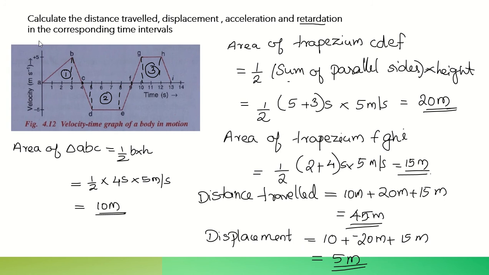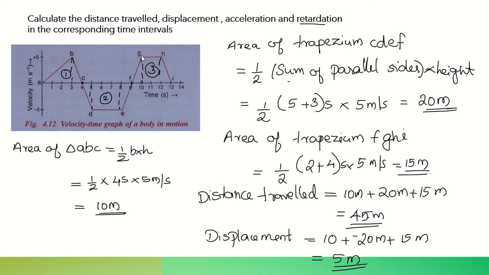Okay. Now, we are going to calculate the acceleration and retardation. Let's try to calculate the acceleration and retardation here. So, AB, right? AB is the acceleration graph. BD is the retarded graph. DE, there is no change in velocity, then that is going to be zero acceleration.